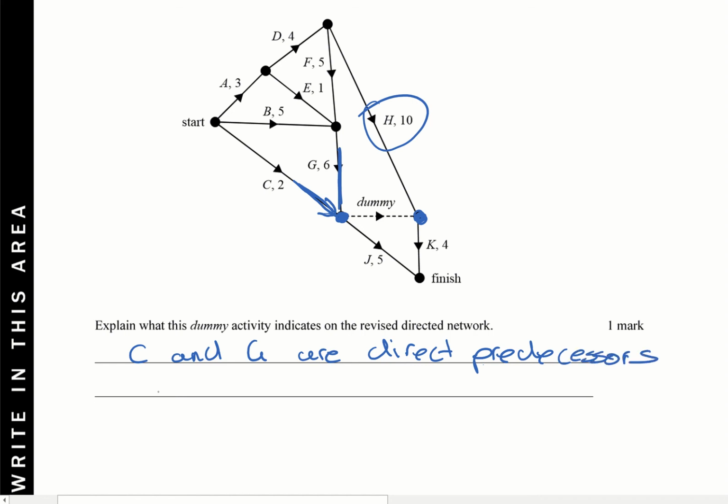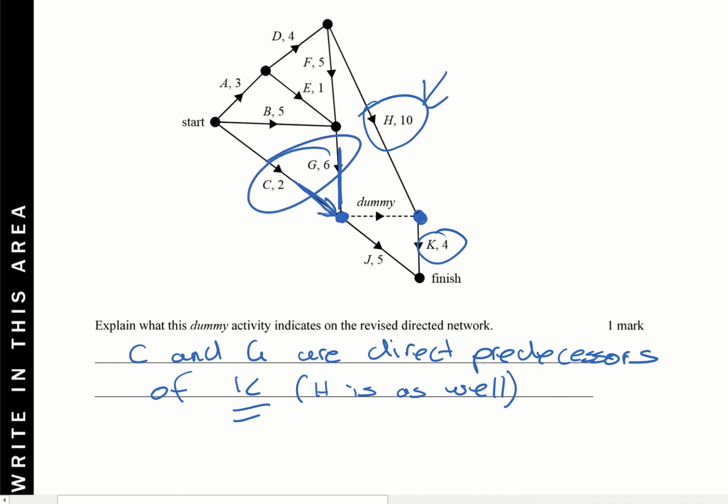As I said before, H is as well, but that is irrespective of whether there's a dummy activity there. By introducing a dummy activity, for activity K to start, I need H to finish and I need C and G to finish. And that's a really important point when we're talking about the purpose of this particular dummy activity. Okay, thank you.